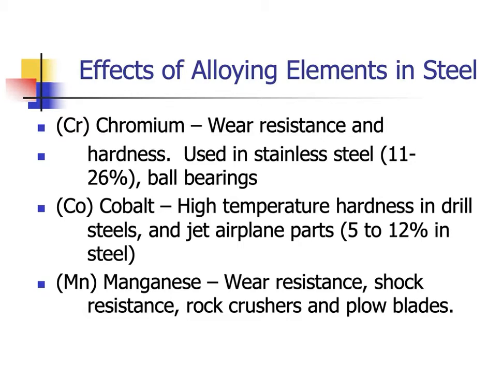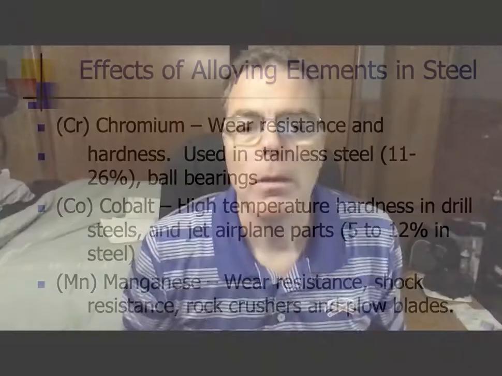The reason why chromium works is, it's kind of a weird thing, that chromium is actually not corrosion resistant, so that it makes the steel corrosion resistant. And what I mean by that is we have some stainless steel right here, okay? If I scratch this with another piece of metal or something like that, I would scratch the oxide of chromium off the surface, and then immediately it will form again because chromium really, really likes oxygen.